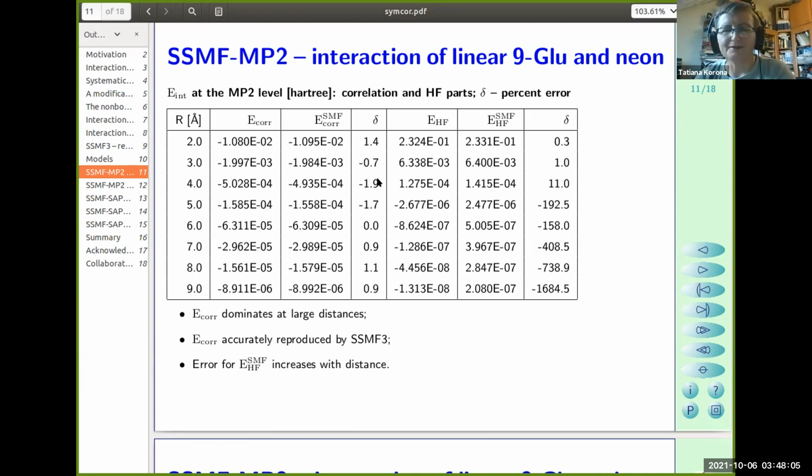This is because we have these artificial hydrogen atoms, which we need because we have to saturate the bonds which we break. So I would not go so deeply into analyzing this small difference.